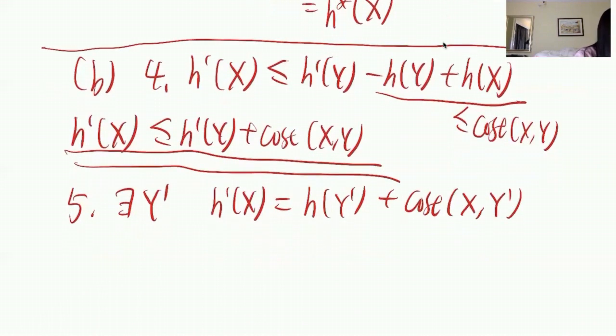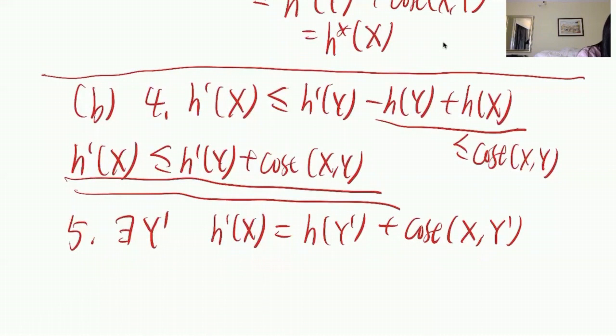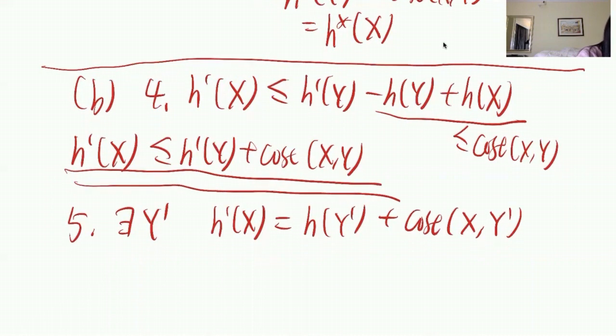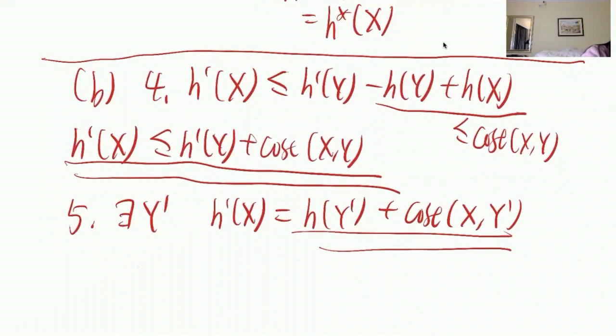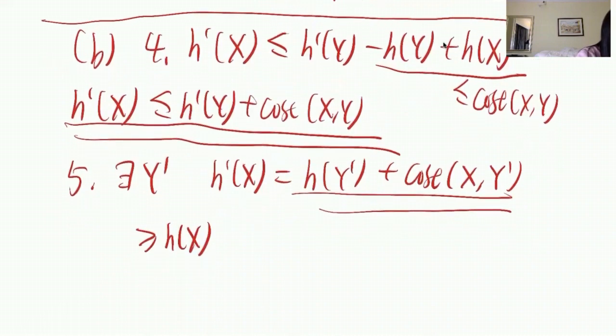Again, because H is a consistent heuristic, this means that H Y prime plus cost XY prime is not smaller than HX. So H prime X is always not smaller than HX.